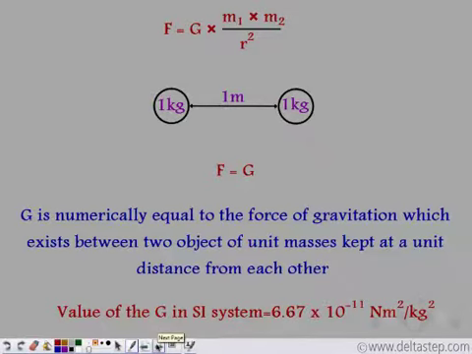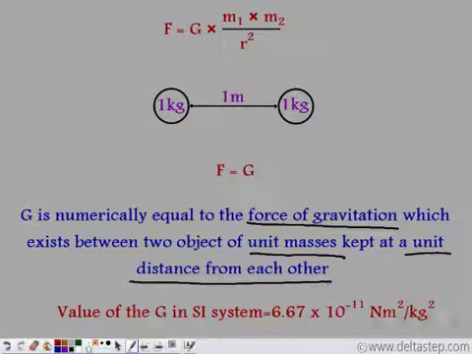Hence, G, or the universal gravitational constant, is numerically equal to the force of gravitation which exists between two objects of unit masses kept at a unit distance from each other.